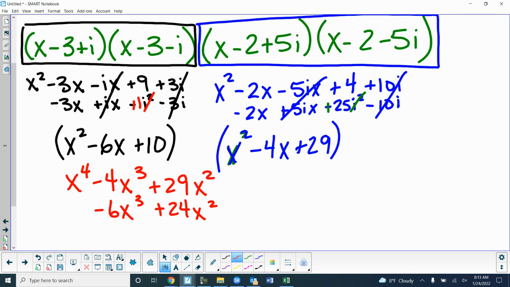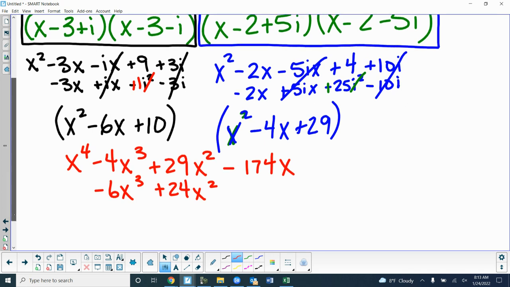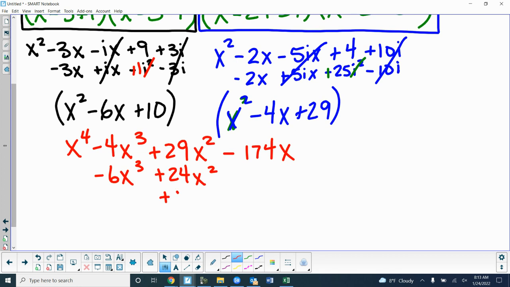And -6x times 29 is negative 174x. Then I go 10 times all three. So 10 times the x squared is 10x squared, and 10 times the -4x is -40x. And 10 times 29 is 290.